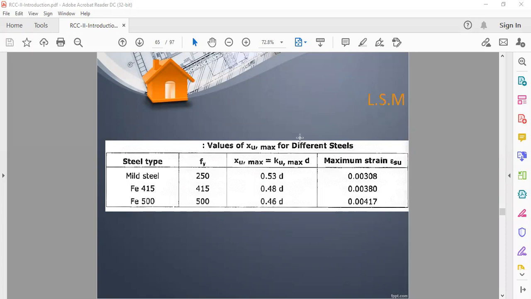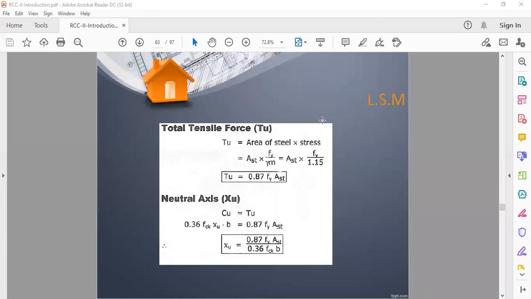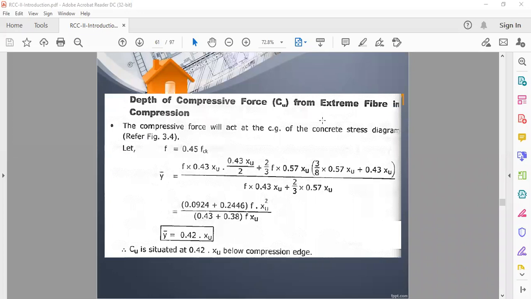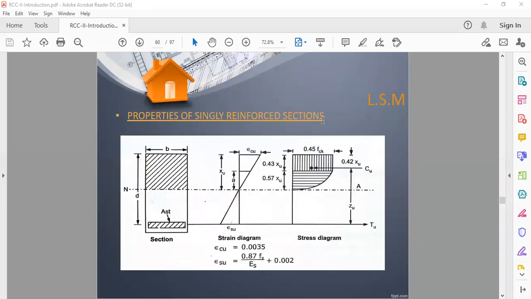We'll start the lecture. In earlier lectures, you have gone through how to calculate this compressive force, tensile force using this diagram. This is the stress strain diagram for the cross section of a singly reinforced beam.